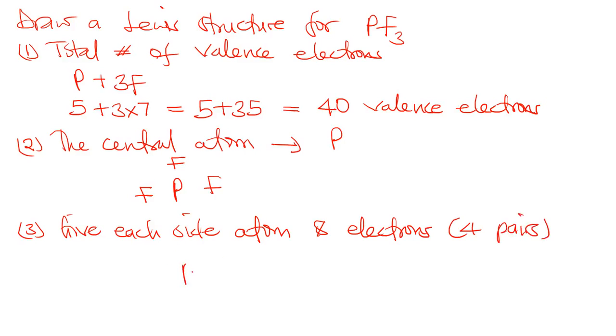So what we are going to do is give this side atom 8 electrons each, making sure that there are electrons connecting between F and P, because that's where our chemical bond is. After you do that, count.